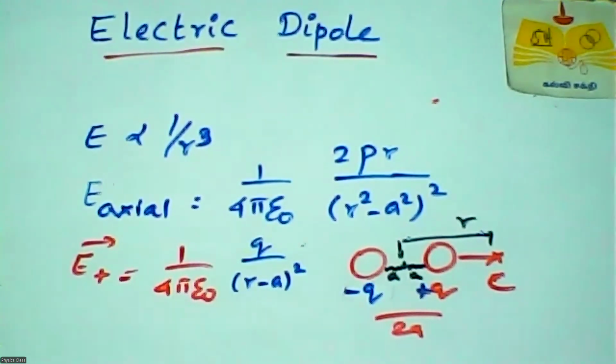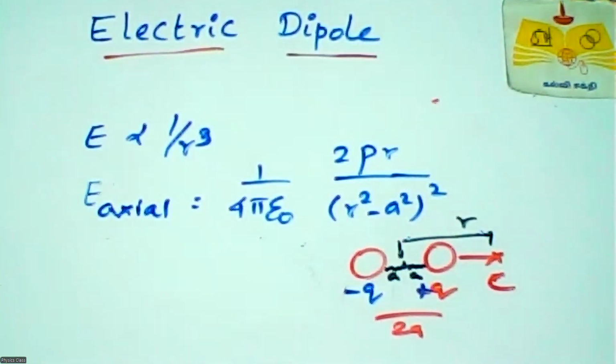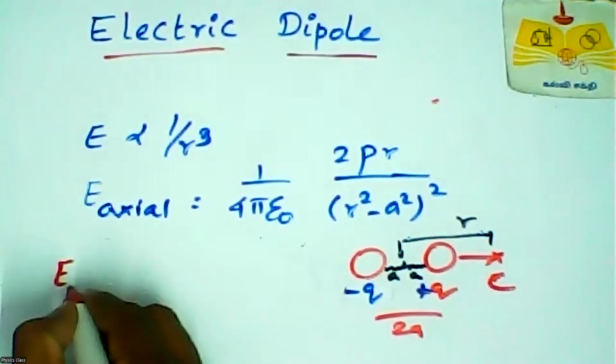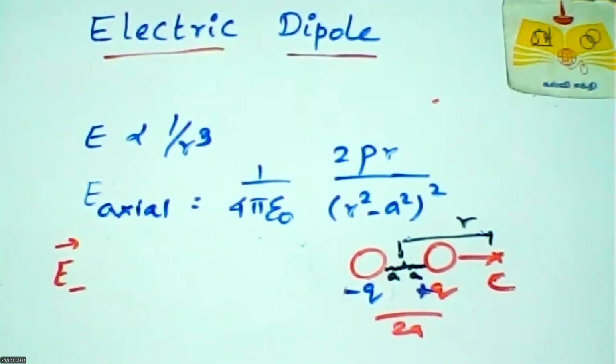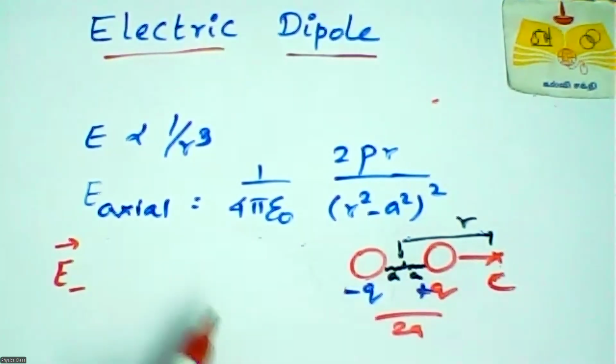Now again for the E plus charge, E minus charge. E minus, so E minus electric field means electric field due to the minus Q charge from this point to this point. Okay.